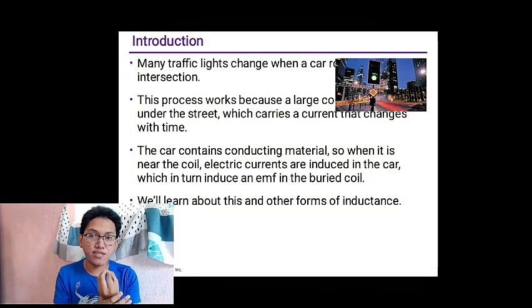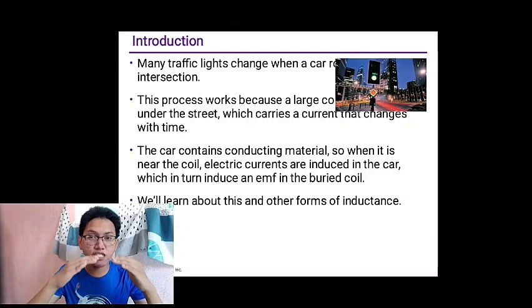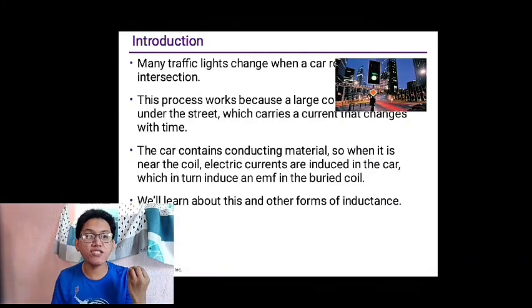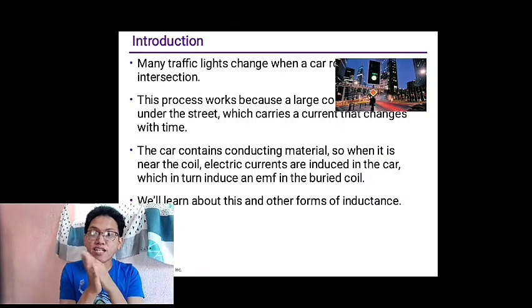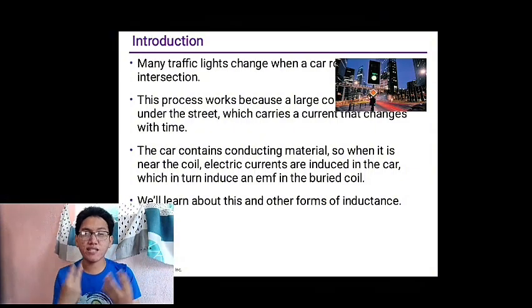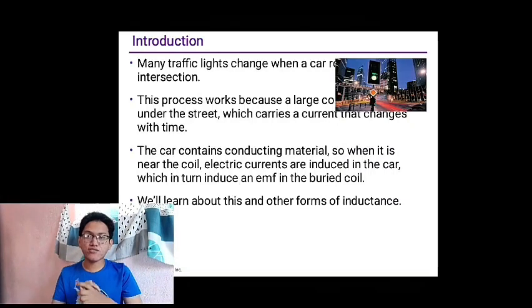These induced currents then create their own magnetic fields, which in turn induce an EMF in the coil, signaling the traffic system that a car, or this conducting metal, is present. So this is a good example of inductance, which involves conducting materials and the electric currents induced in the cars, which is essential for these traffic lights.